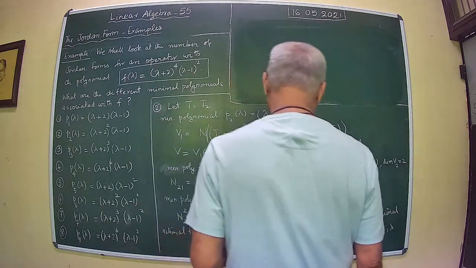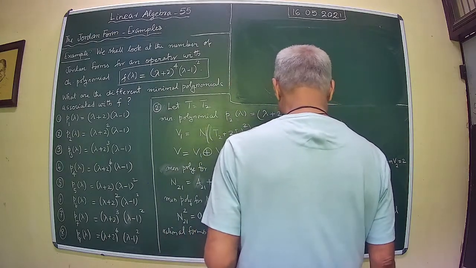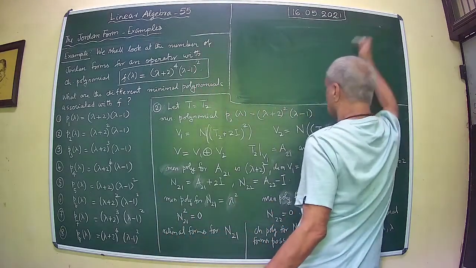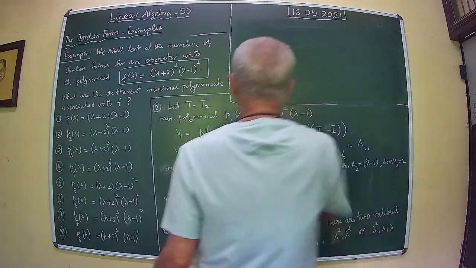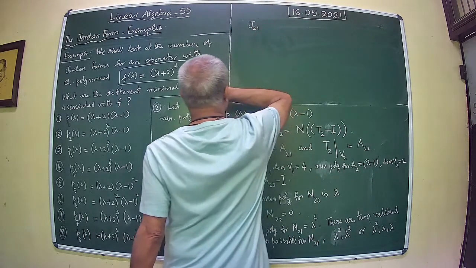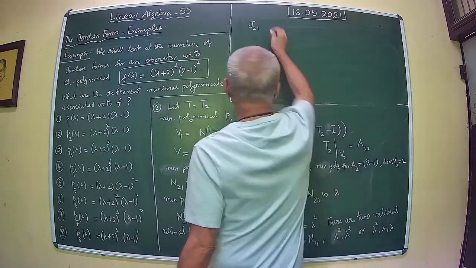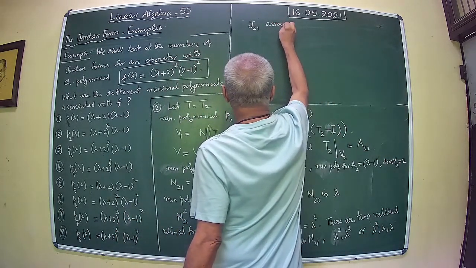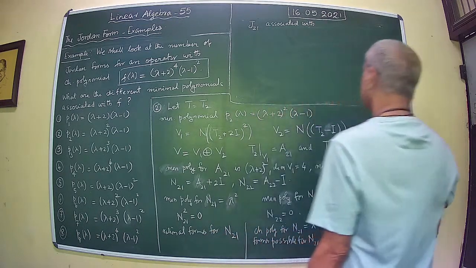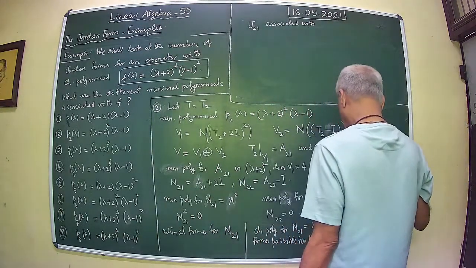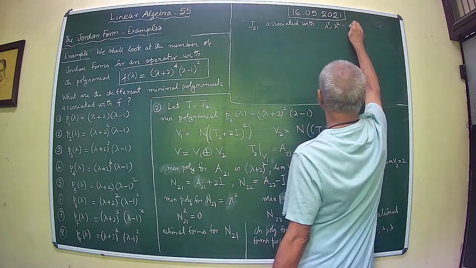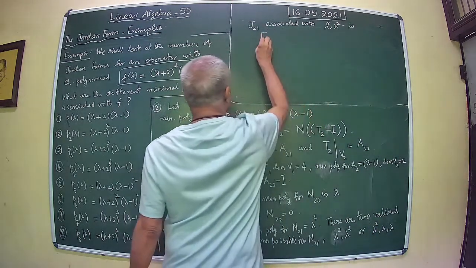You have got J1 for this associated with lambda square is, so on.